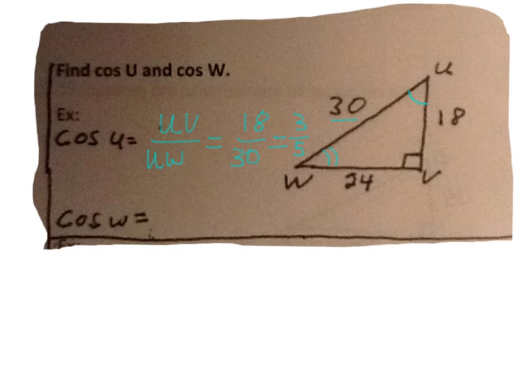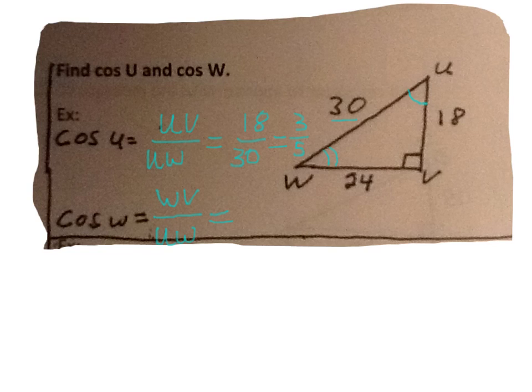Right, so we're looking at W. I want the side adjacent to W, 24. Not the hypotenuse, right? The hypotenuse is the only other thing that it could be that's adjacent to W. It's not that, because the hypotenuse is, well, the hypotenuse. We need the leg adjacent, which is WV, or 24, over the hypotenuse, which once again is UW.